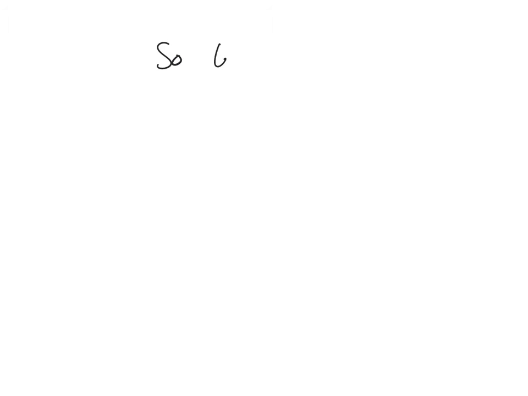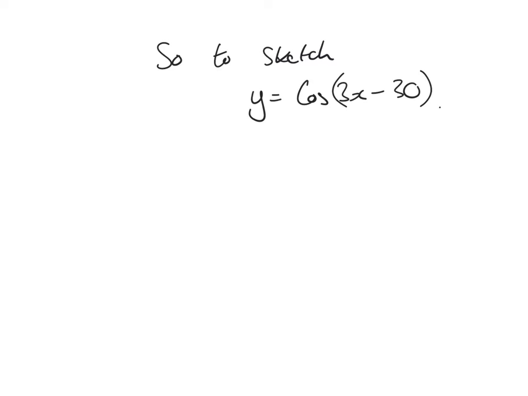So if we go back to that first example, we start with the equation and we try to sketch it. So if we do y equals cos of 3x minus 30, and we're going to sketch this from scratch. It should explain it. So we're going to start with y equals cos x.